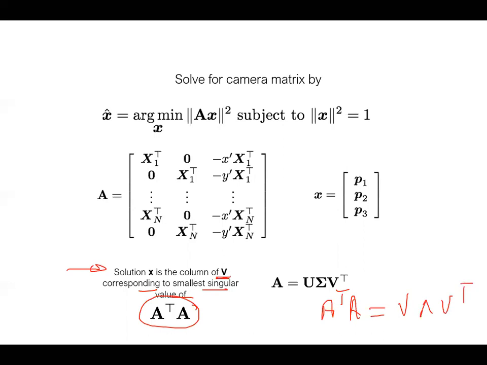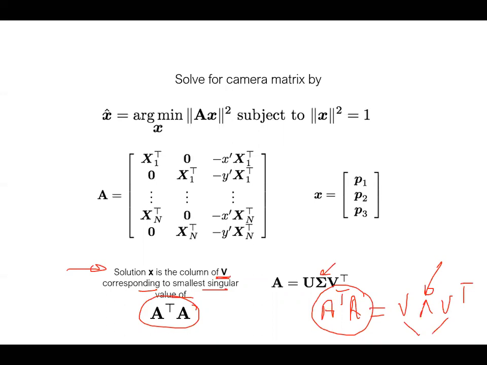And from that, we conclude that V is the eigenvector of A transpose A. And these are the eigenvectors, which relate by sigma square, by the way, to the other sigma. But the bottom line here is that V is the eigenvectors. So with this many eigenvectors, which one should I choose?